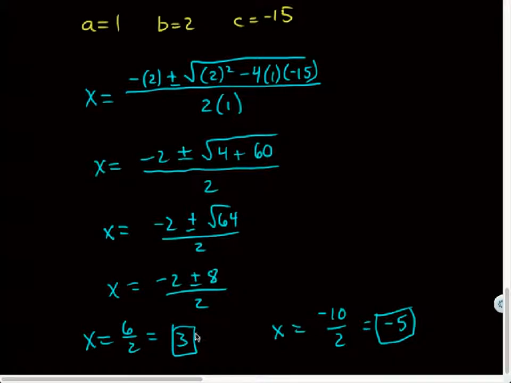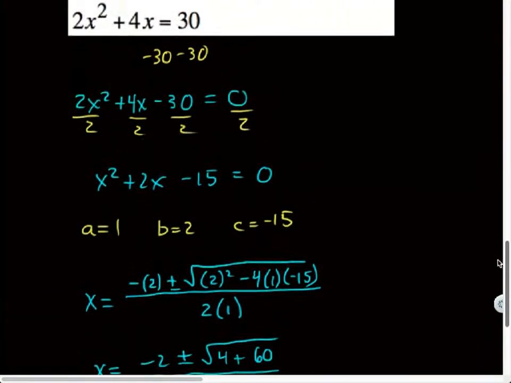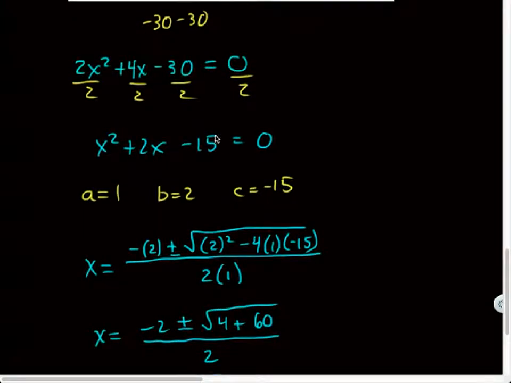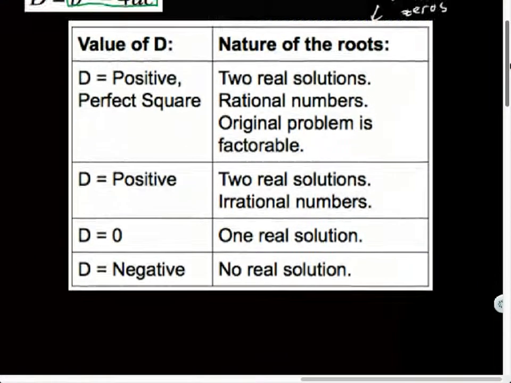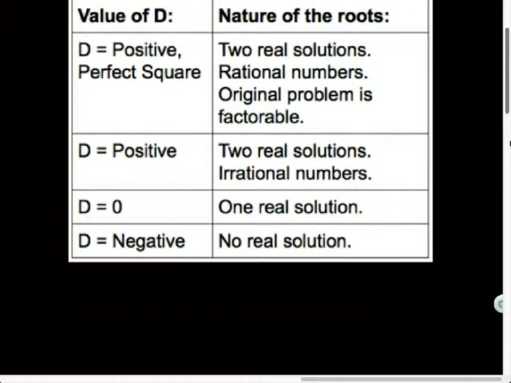And it also would have told me that the original problem is factorable, because I could have found the factors of 15 that subtract to 2, which happen to be 3 and 5. So the discriminant also carries that information with it. So if D is just plain old positive but not a perfect square, it tells me that I have two solutions, but they're irrational. Craziness.